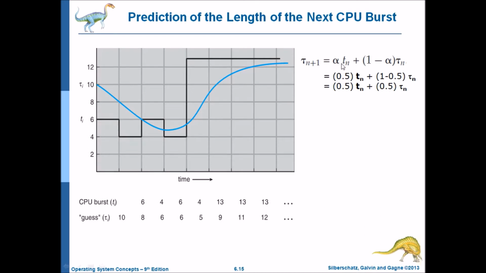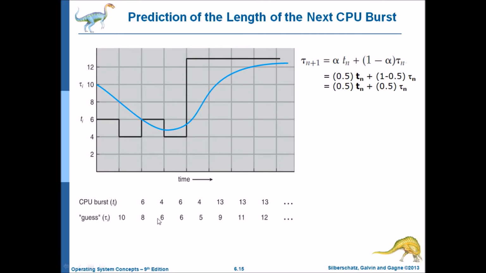So we have alpha times t_n plus 1 minus alpha times the previous prediction. Given this data, we can get the next guess, which is 8. Half of 10 is 5, and half of 6 is 3. So 5 plus 3 yields 8.